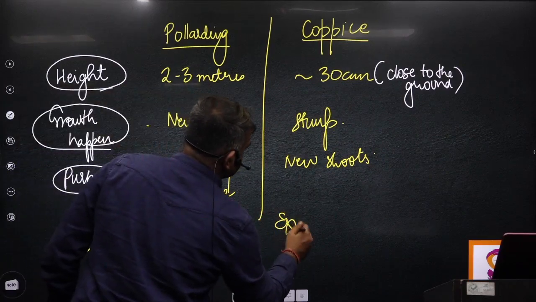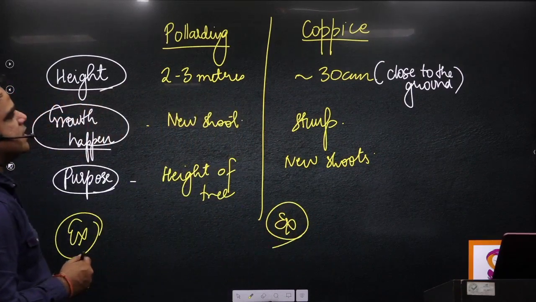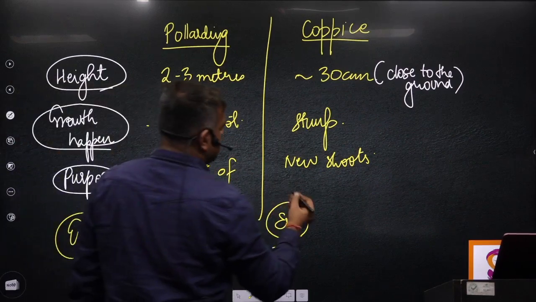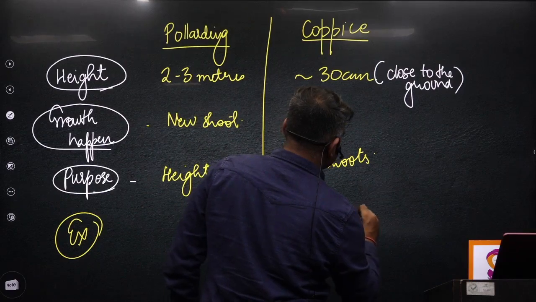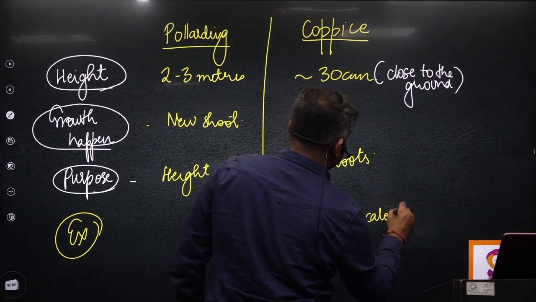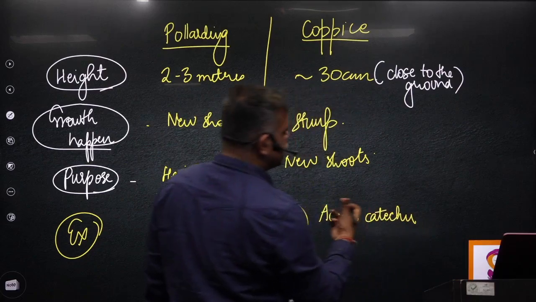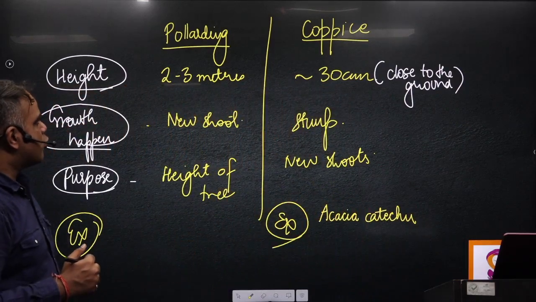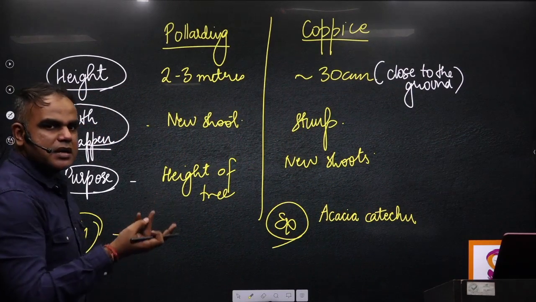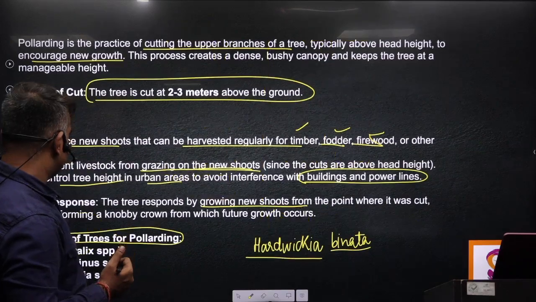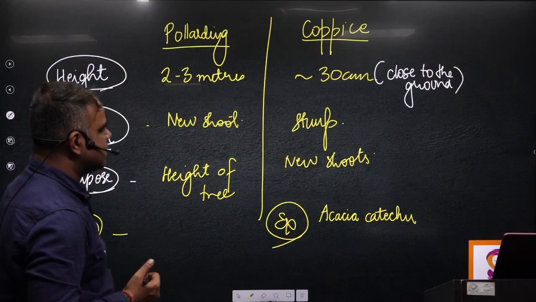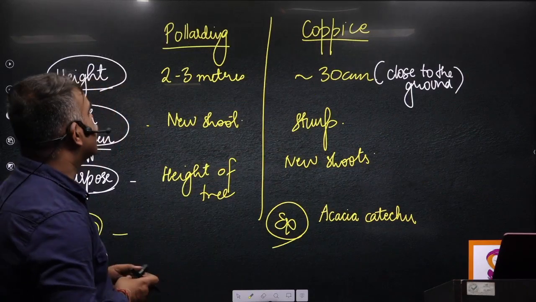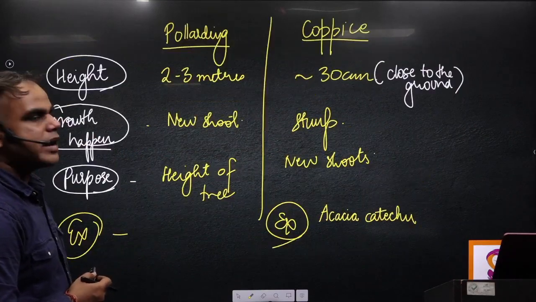For coppice, Acacia catechu, even Dalbergia sissoo, etc. are good coppicers. For pollarding we gave Salix, Hardwickia binata, Fraxinus, and Tilia species. So this is how you can attempt this particular question.